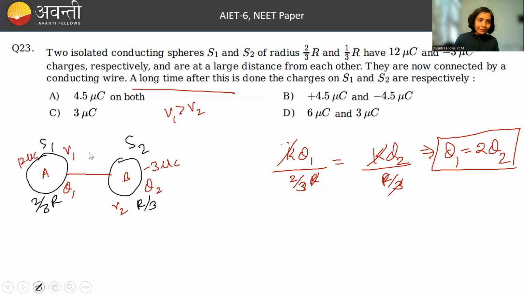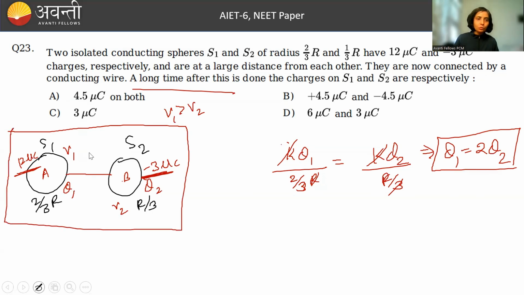Now you see here, initially this has 12 coulomb, this has minus 3 coulomb, done. And after connection, some charge from this 12 microcoulomb will flow to B, right? So what is happening here actually, agar main isko system ki tarah dekhoon, toh is system mein initially total charge kitna hai? 12 minus 3 microcoulomb, that is 9 microcoulomb.